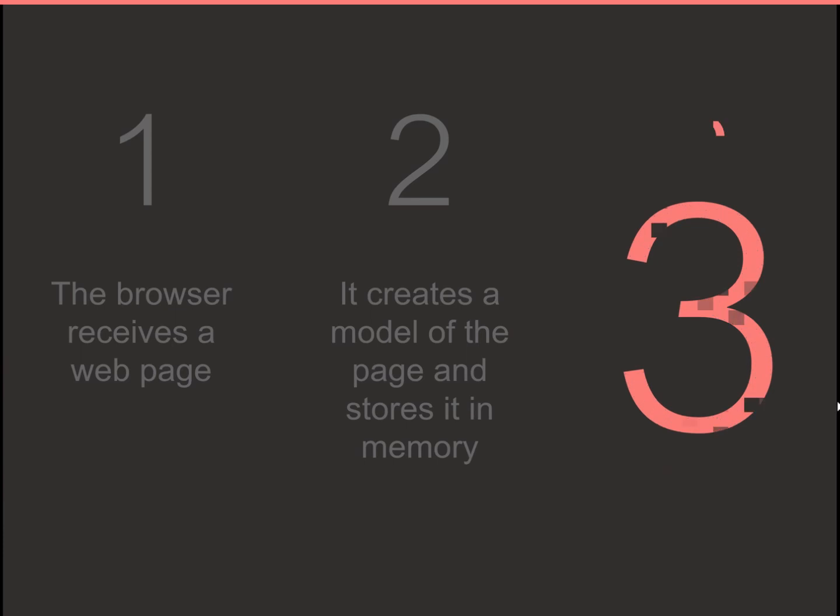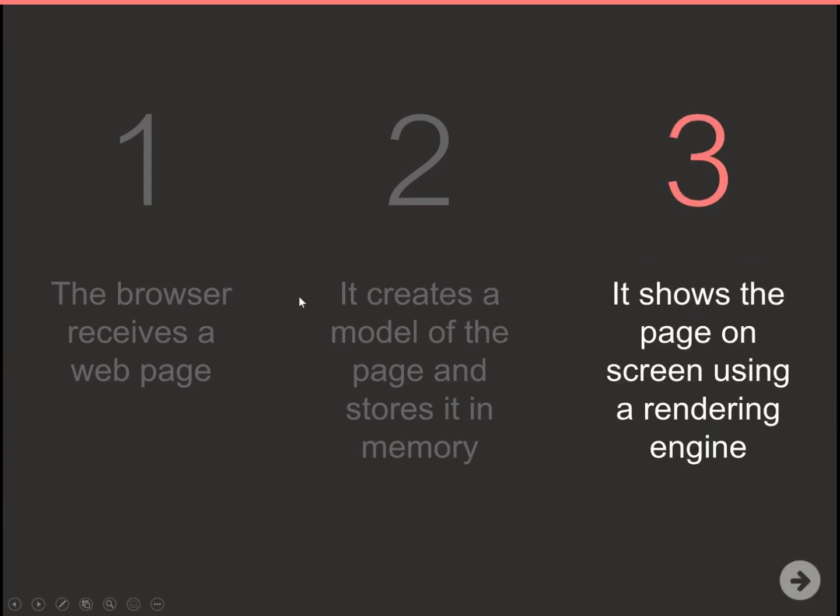After that, the data structure is encoded and saved into memory. The model for this is the DOM, saved in memory, and the next step is that the browser engine draws it. It shows the page on screen using a rendering engine. That's easy, right? Because you have the contents, the structure, the formatting, and later we will talk about the methods and scripts.